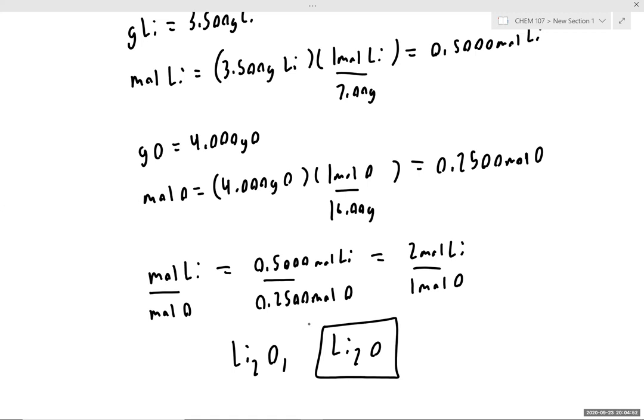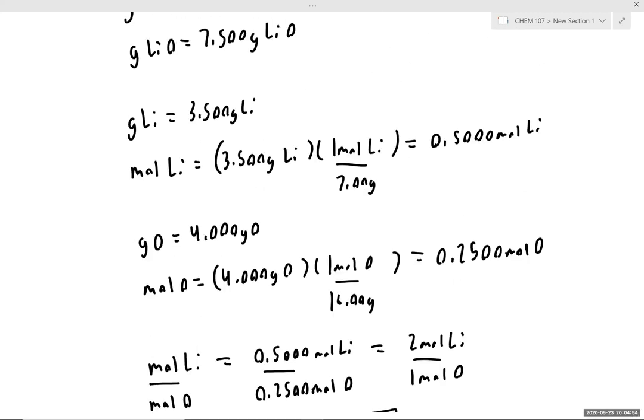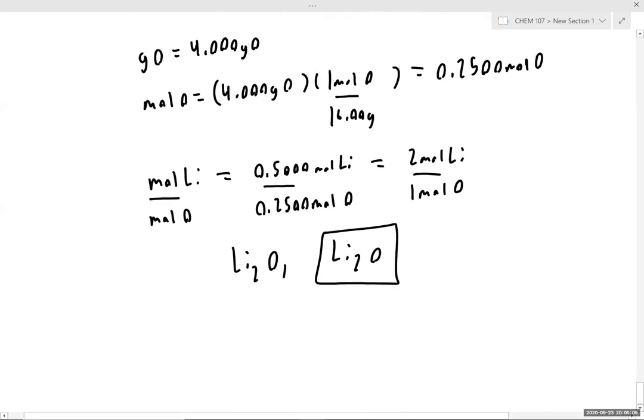Okay, so these are the calculations that you'd need to be familiar with for part A, for our metal oxide analysis. And I have another sample calculation available on the Canvas page.